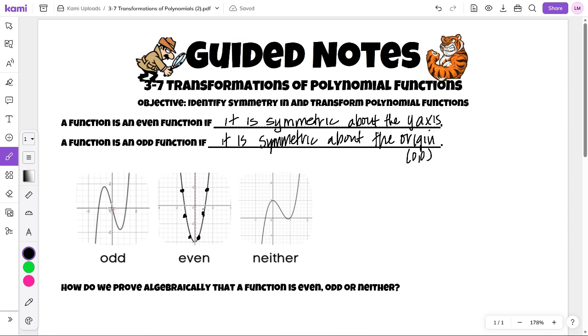So it will be symmetric around 0, 0, which means if I plug in an x value and I get a y value, it doesn't matter if it's positive or negative, I'm going to get the opposite of both of those over here. So I'm going to get -x, -y. This just means the opposite.